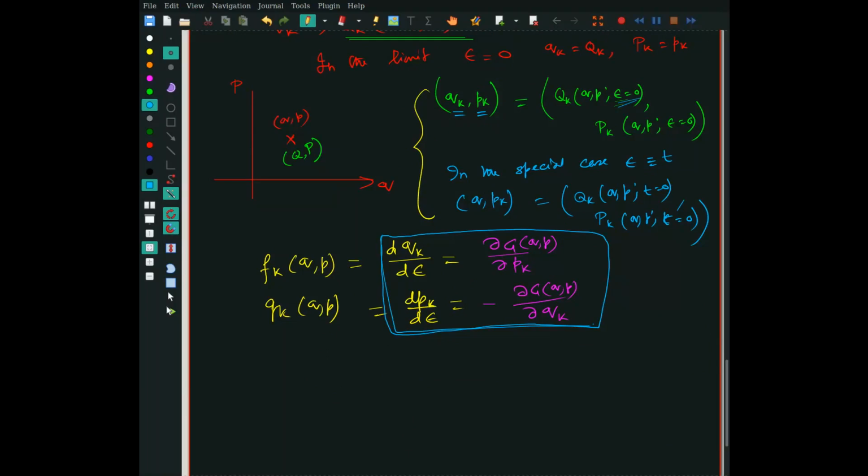So Hamilton's equation apparently is a special case of this kind of canonical equations.